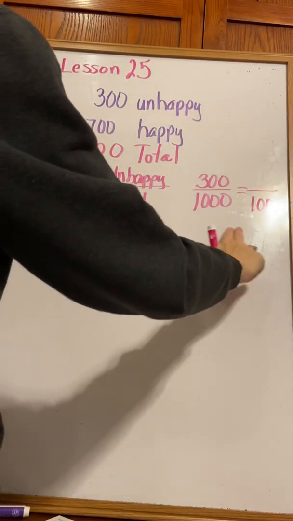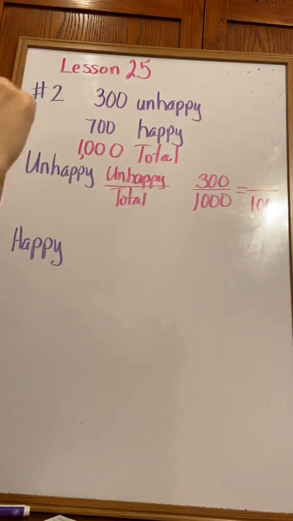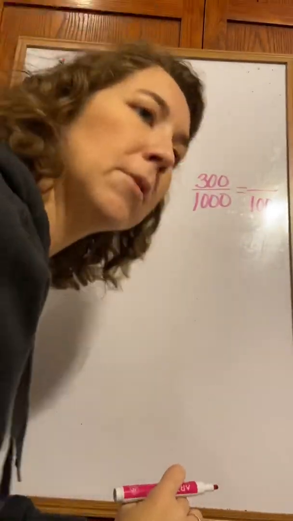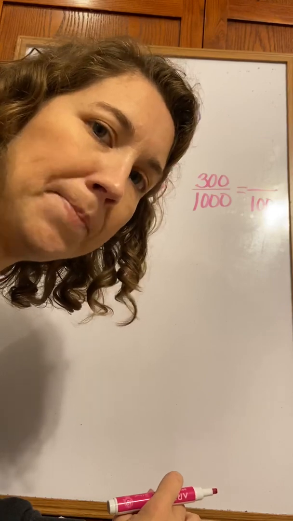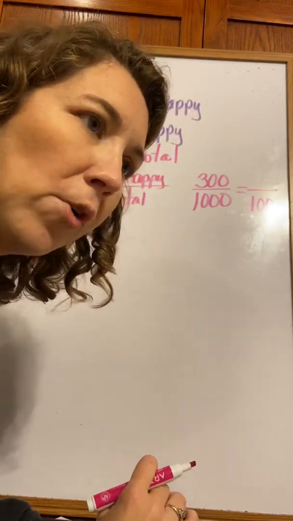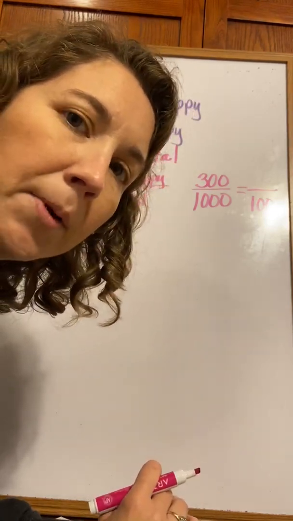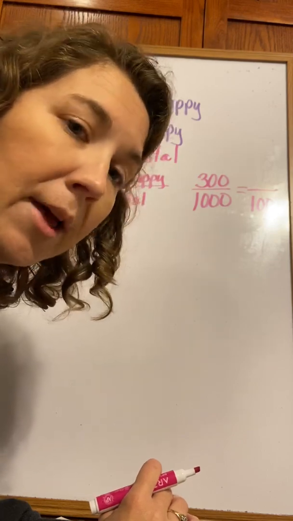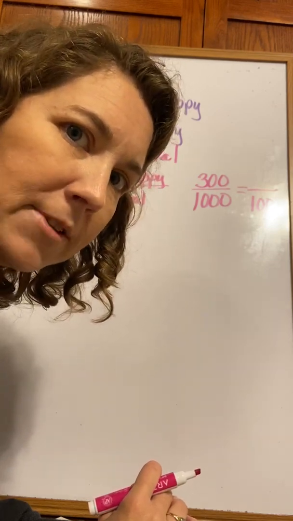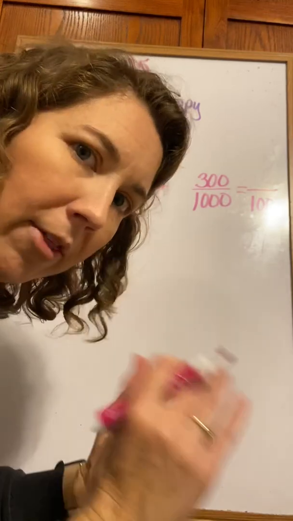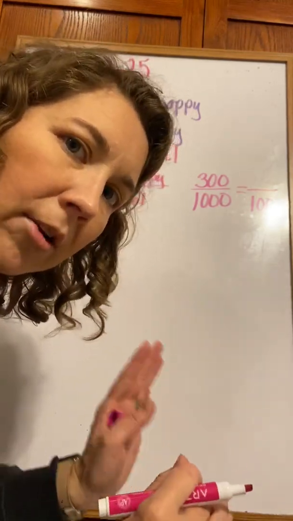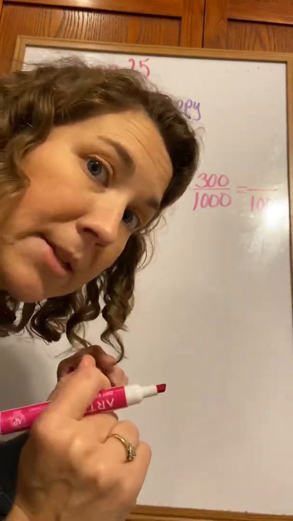How did it get from 1,000 to 100? That's going a little bit backwards. We're going from 1,000 to 100. Before we always said we're going to multiply to get that number, but remember that division and multiplication are kind of similar. They go together like peanut butter and jelly or peas and carrots, if you like peas and carrots.